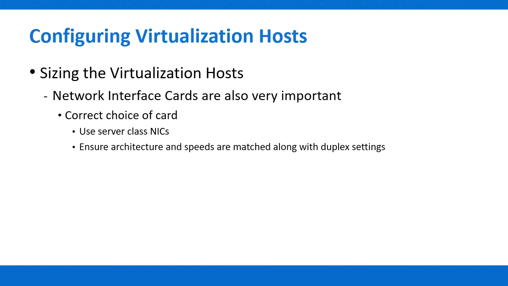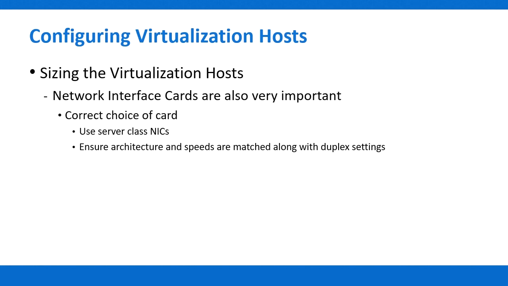It's also important to identify and verify that the infrastructure between the source and destination NICs does not include a bottleneck. In other words, we need to make sure that everything is matched, the speeds along with duplex settings. For example, if you're using a 10 gigabit NIC and you're connecting to a 10 gigabit port on a switch, you need to make sure that all your patch cables support 10 gigabit speeds, and the switch is configured to use 10 gigabits as opposed to being hard-coded to use 1 gigabit speeds.